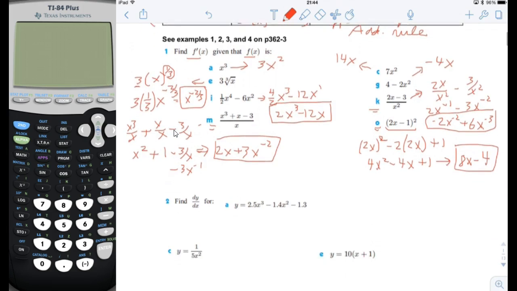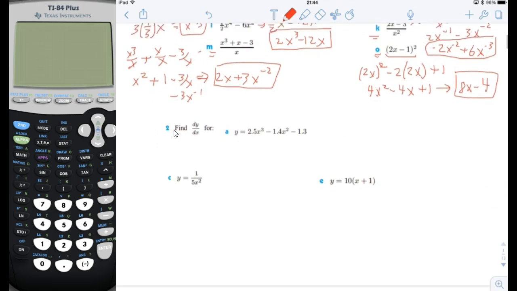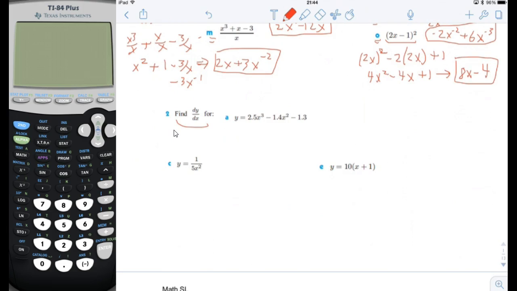Alright. Last one on this page. So it says find dy dx for these functions, and that just means take the derivative. Just another way of saying take the derivative. So let's see. The derivative of 2.5x cubed would be 2.5 times 3, x squared, which would just be 7.5x squared.